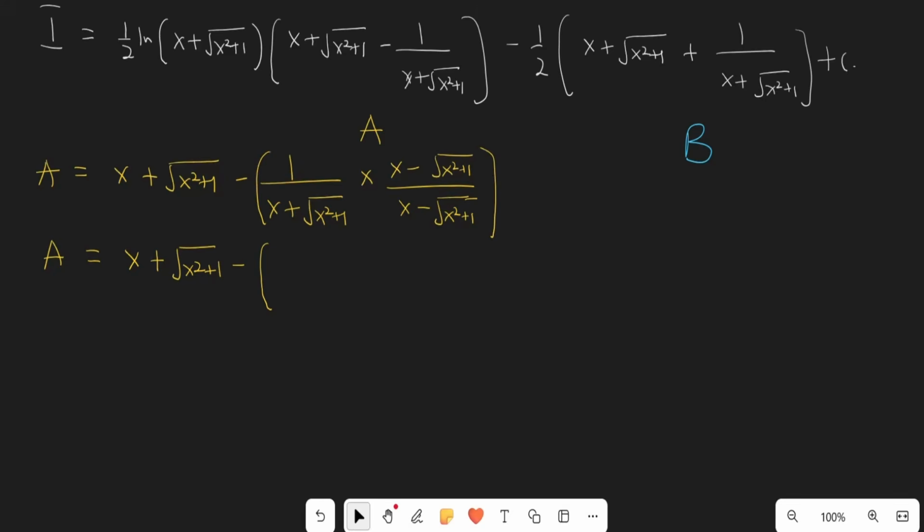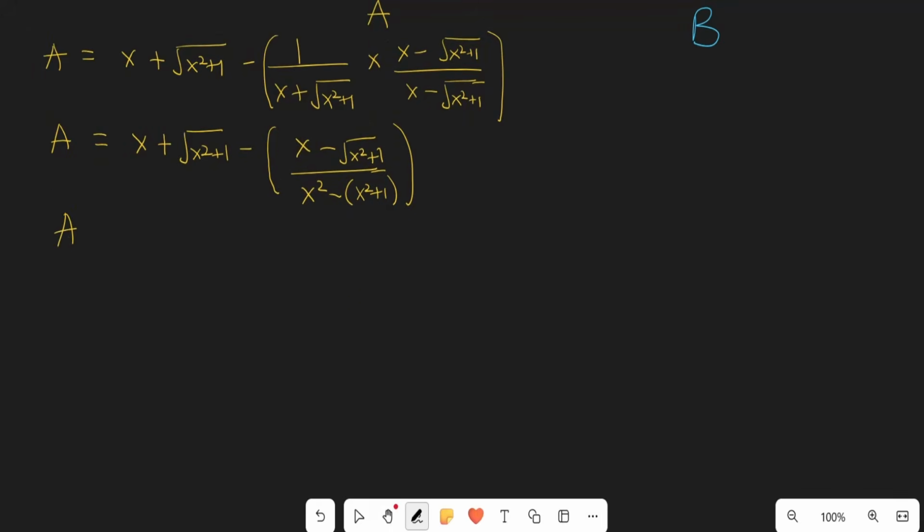When we multiply the top, that is going to be x minus the square root of x squared plus 1. And at the bottom, the difference of two squares, that is going to be the square of the first one, x squared, minus the square of the second one, and the second one is the square of the square root of x squared plus 1, which is x squared plus 1.